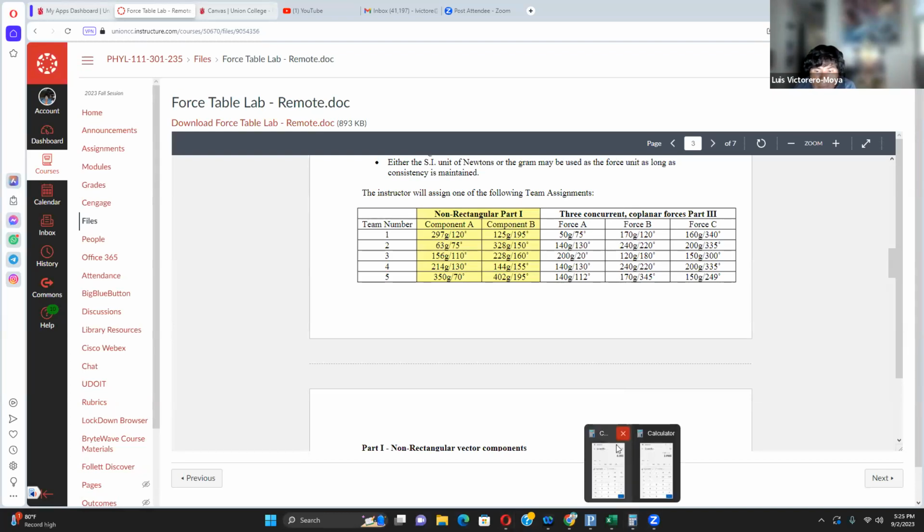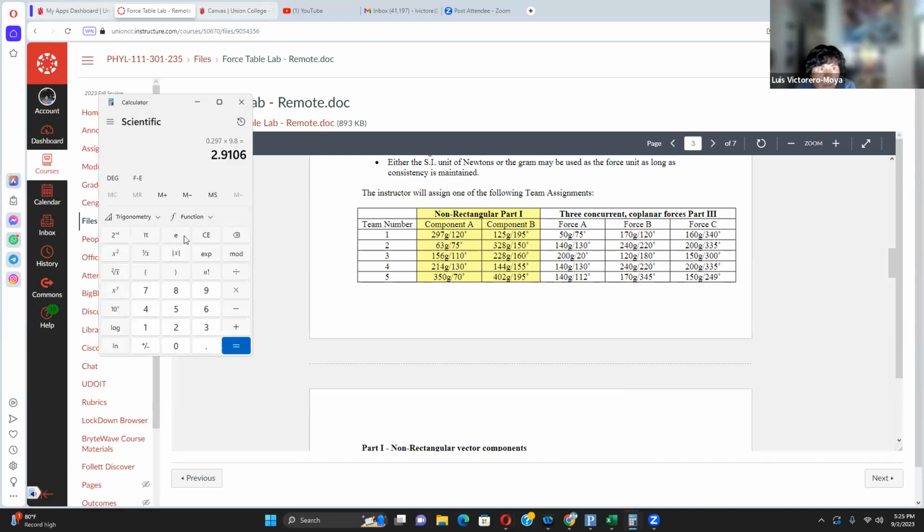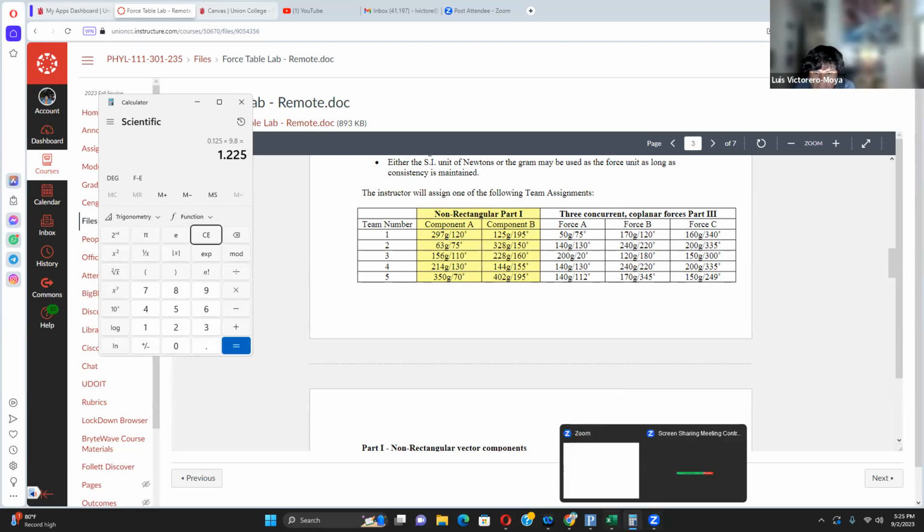And then 125 grams. You convert to kilograms, multiplied by gravity, 1.2 newtons at 195 degrees.